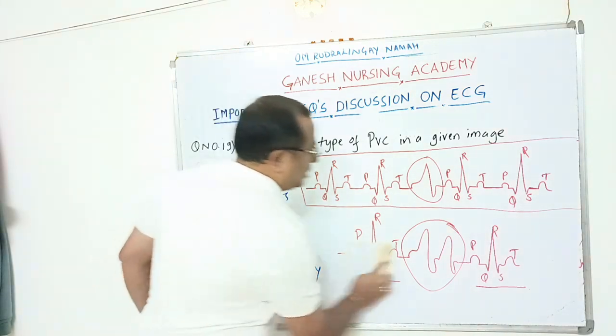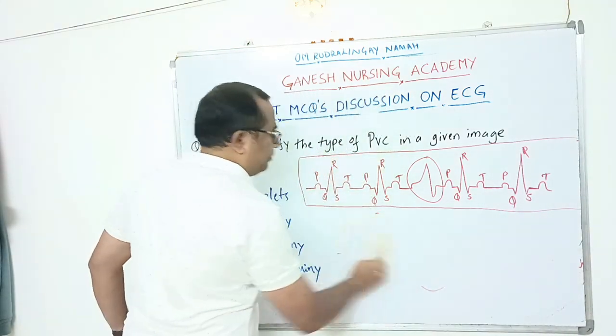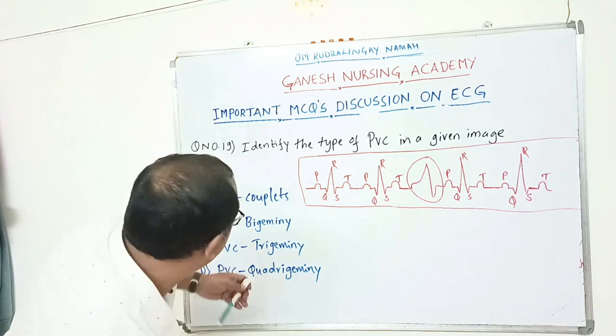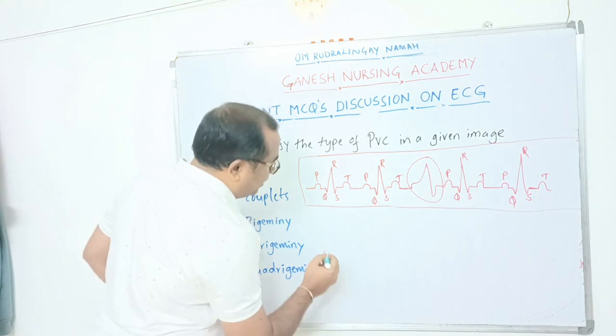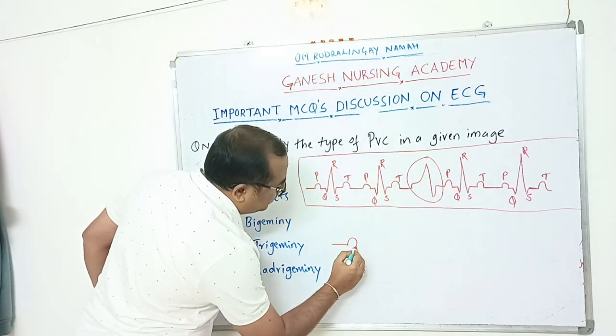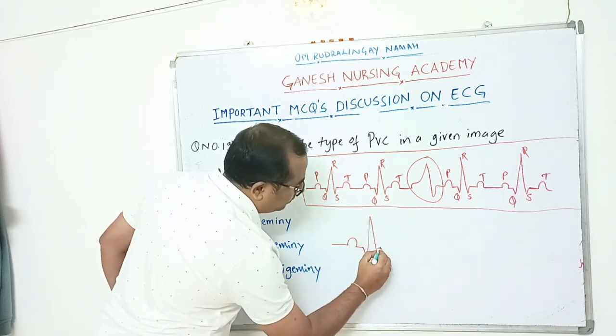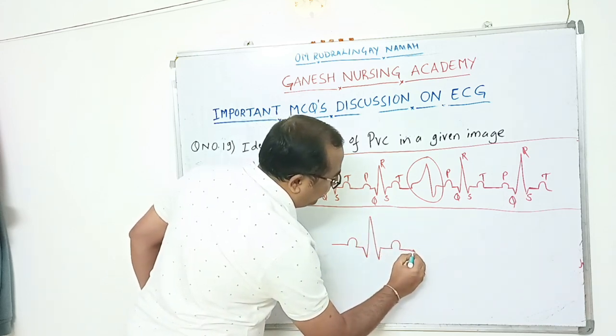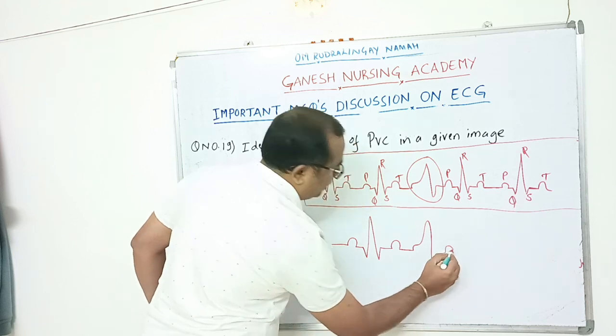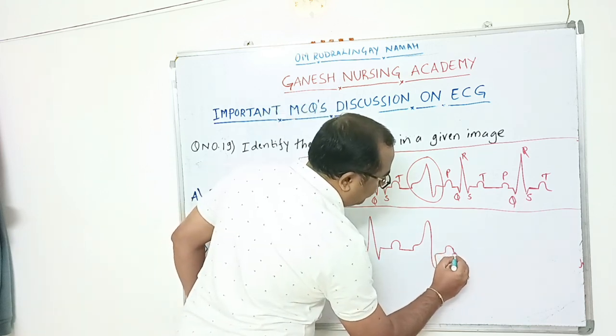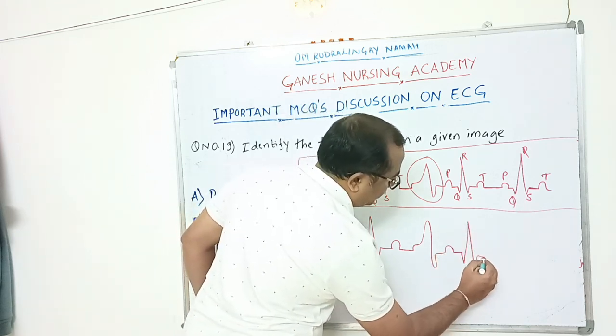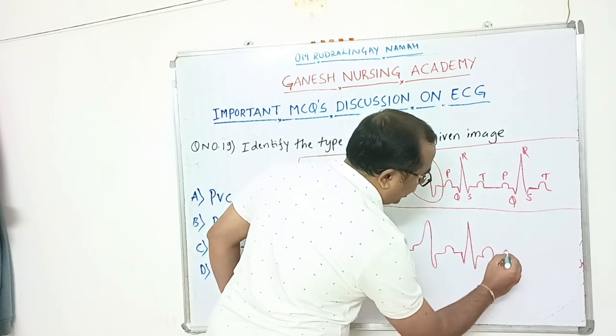Next, what is PVC bigeminy? This is the normal wave, and then there will be an ectopic beat. Then again a normal wave, then again an ectopic beat.